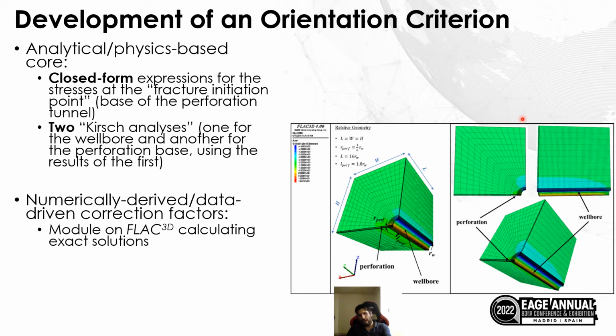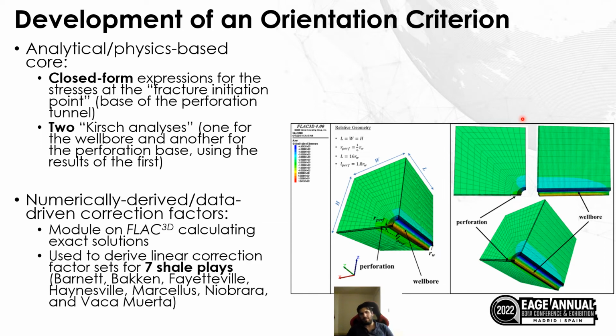And now I use that model to evaluate linear correction factor sets for 7 different shale plays: the Barnett, Bakken, Eagle Ford, Haynesville, Marcellus, and Niobrara from the United States, and Vaca Muerta from Argentina, in order to make the closed form expressions match the numerically derived solutions. So these linear correction factor sets are presented in this paper, and that's its main novelty.